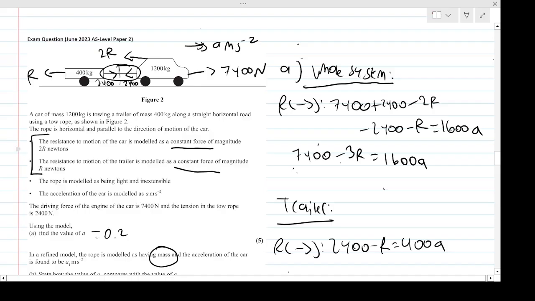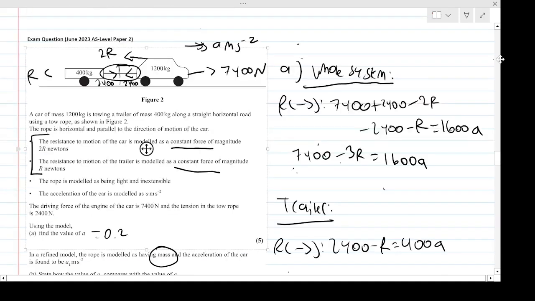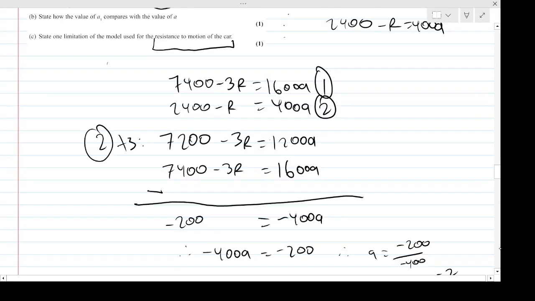So the resistance here and here, perhaps due to friction from the trailer and the car on the road, or the air resistance or whatever else, is it really going to be the same all throughout the whole journey? No. You might expect the heavier vehicles to have more resistance, and you might expect when the car is faster to have more air resistance and more friction on the road. So it's inappropriate for the resistance to be constant all the way out.